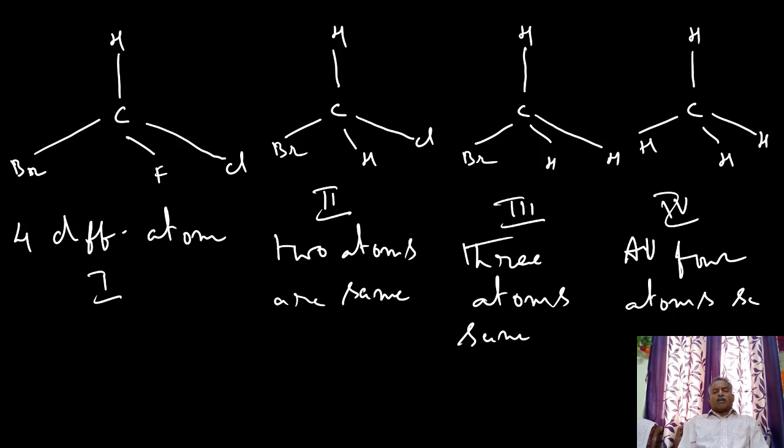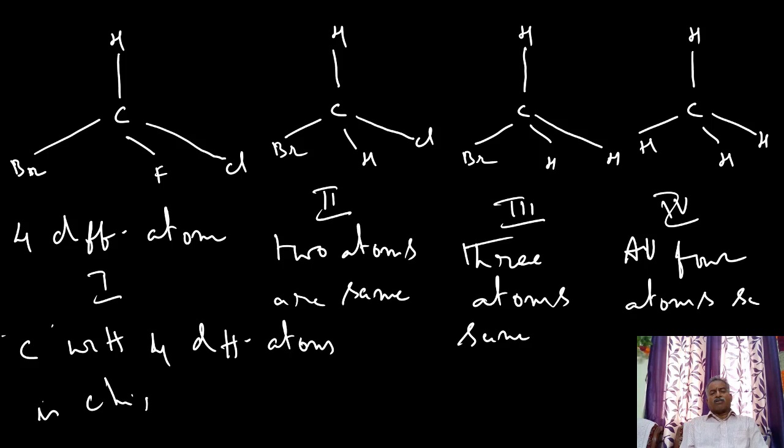So, chiral carbon, what we discussed just now, is a carbon with 4 different atoms. If the sp3 carbon is bonded to even 2 similar atoms or similar groups, it is referred to as achiral.